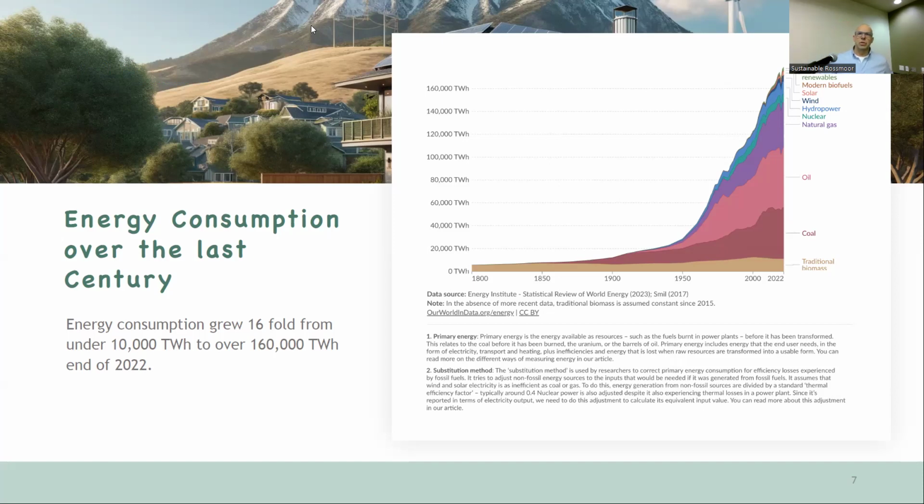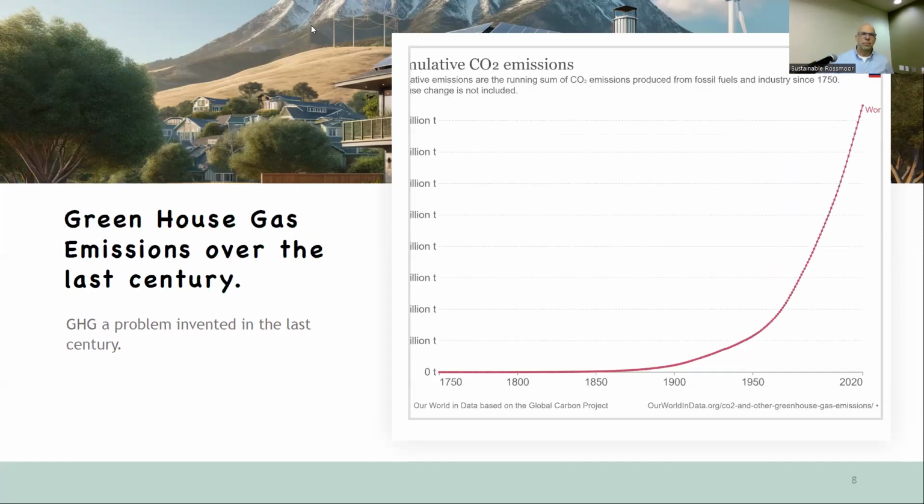So still the major part of our energy in the world is coming from fossil fuels, which brings us to the next slide, which is the amount of carbon dioxide being emitted into the atmosphere and creating the greenhouse effect. As you can see, it's exponential. What we are trying to do now is, by means of transitioning into renewable energy, slow this, stop it, and reverse it. And that's why we're here.